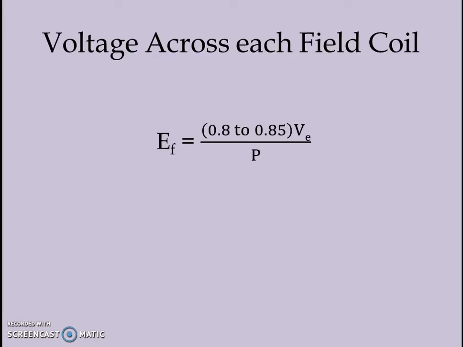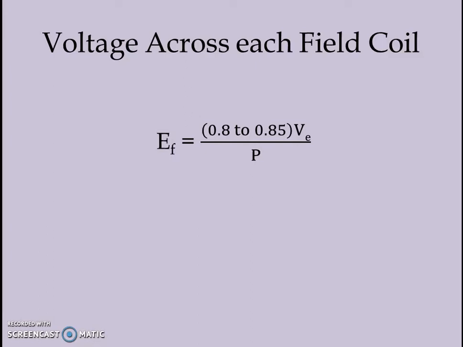Now, voltage across each field coil. We normally start designing our field winding with the exciter voltage. Exciter voltage must be known from the consumer end. Normally it varies between 50 volt to 400 volt, but normally it is around 125 volt.